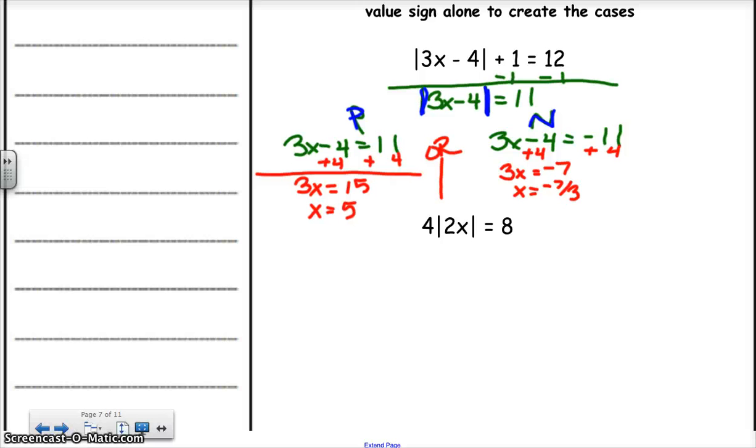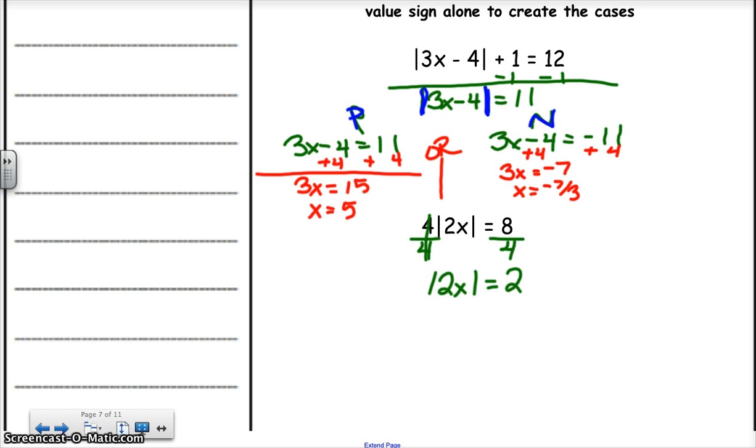How do I move the 4? It's 4 times that, so how do you move times? Divide. I'm going to divide both sides by 4 first. That cancels this out, and I get the absolute value of 2x is equal to 2.